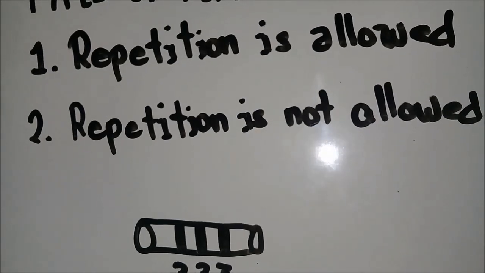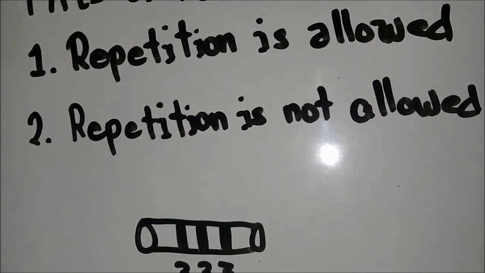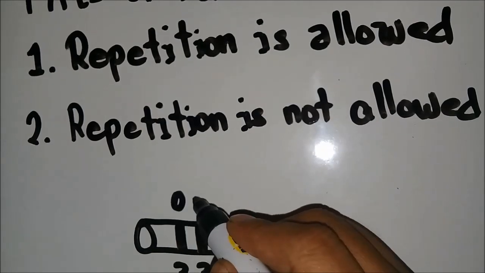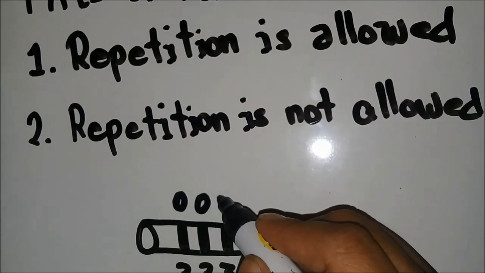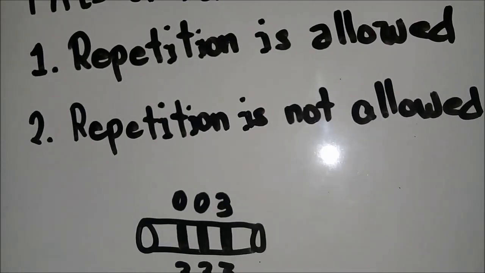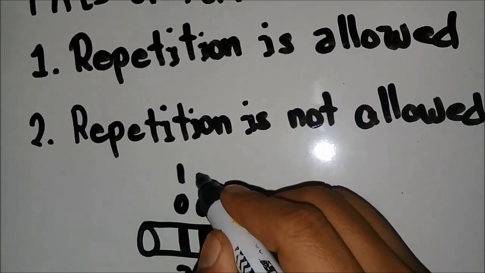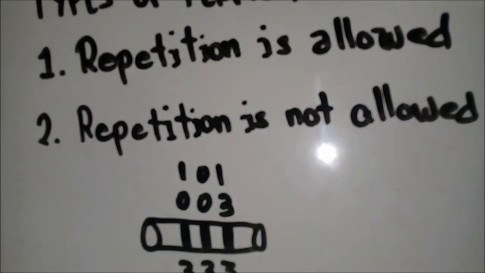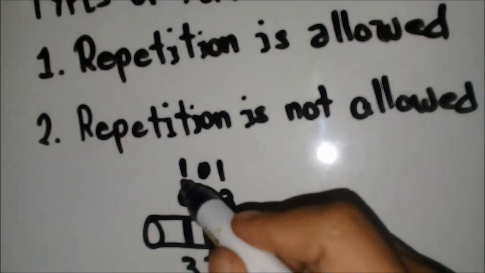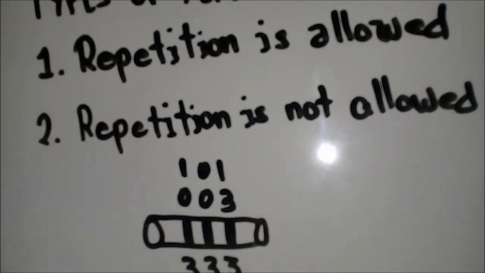Or we can also have 0, 0, 3. Or we can also have 1, 0, 1. Obviously, in this case, repetition is allowed. Let us deal with it one by one.